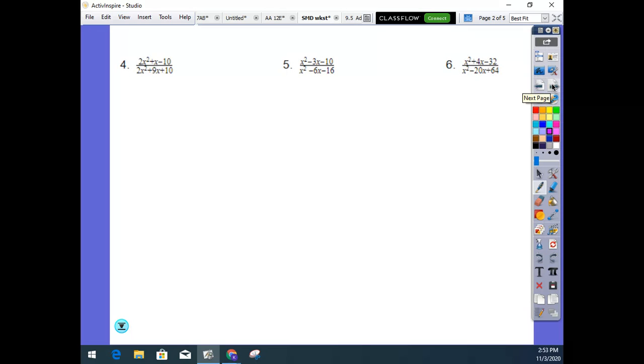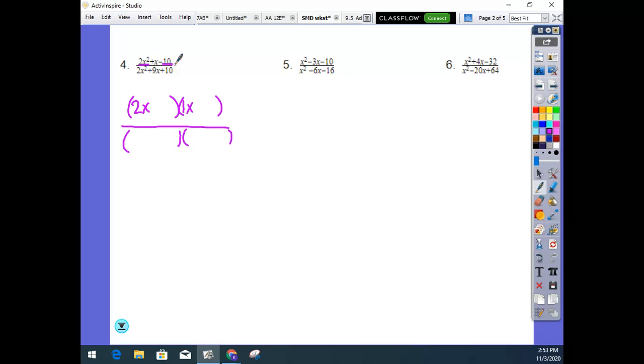Number 4 is one of the tougher ones to factor. There is not a GCF on the top or the bottom. So you need to factor the top. What multiplies to make 2x squared? 2x, 1x.